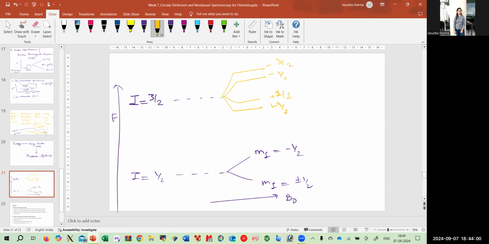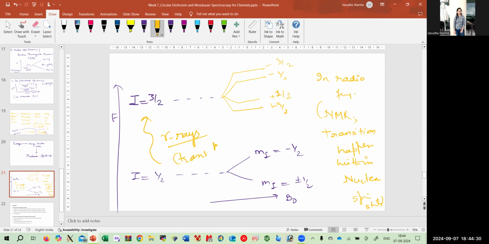So the transitions in the radio frequency, or in NMR, happen within the nuclear state, whereas when we are providing the gamma rays, the transition really happens between two different nuclear states, which is I equals half to I equals 3 by 2.